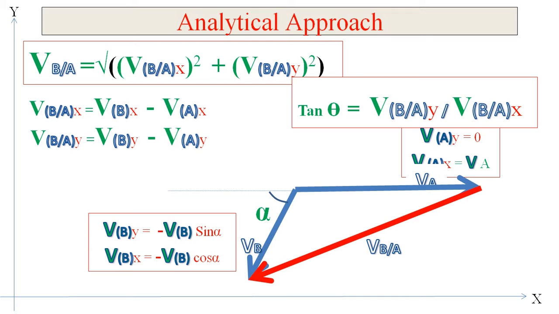Then find the relative velocity in the x direction as well as in the y direction. After that, find the resultant of these relative velocities and its direction with respect to x. So we take the relative velocity in y divided by the relative velocity in x, and from that we get the direction. Okay, it is quite simple. Let's begin with the numerical.